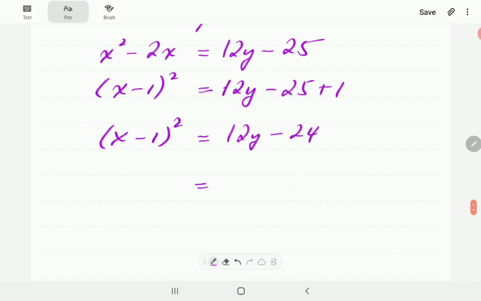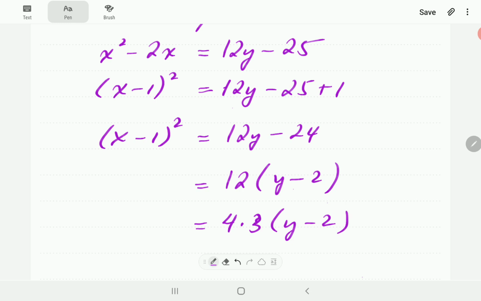So if we factor out 4 here, okay, so first of all, maybe let's just factorize 12. So this is 12 into y minus 2. Okay, and then this we can write as 4 times 3 y minus 2.